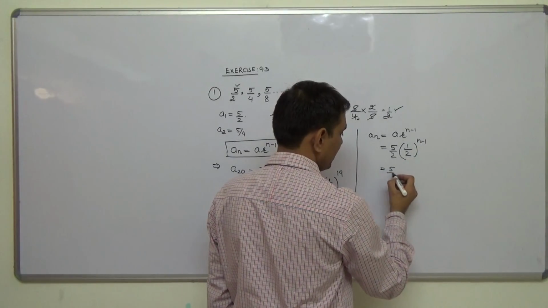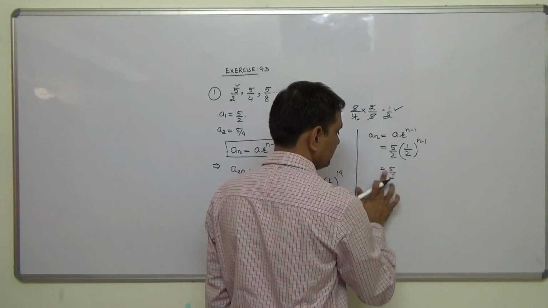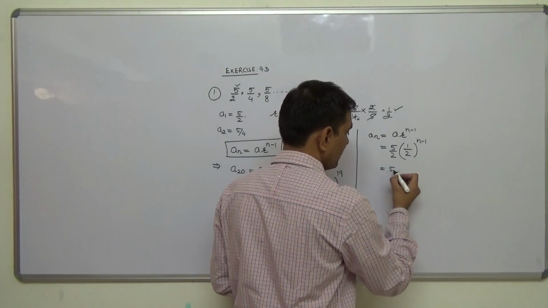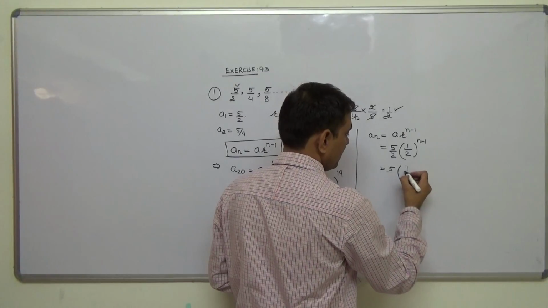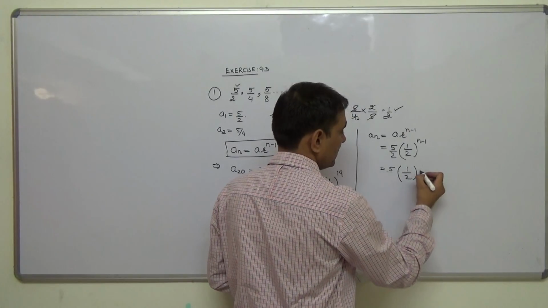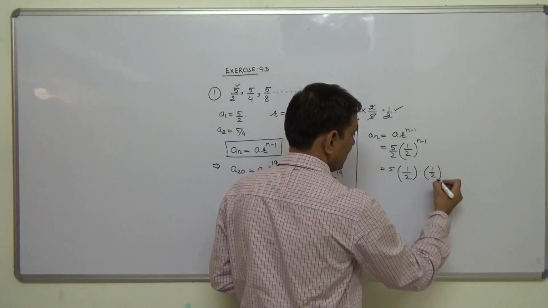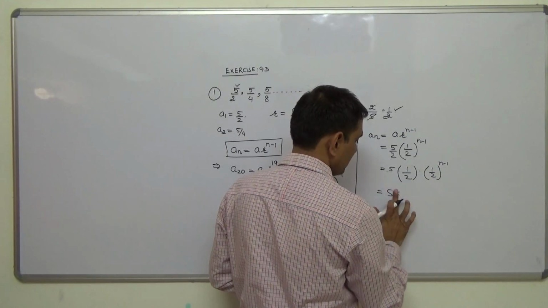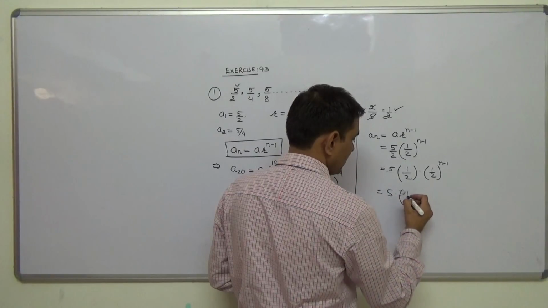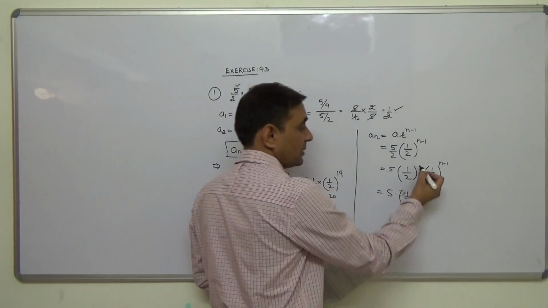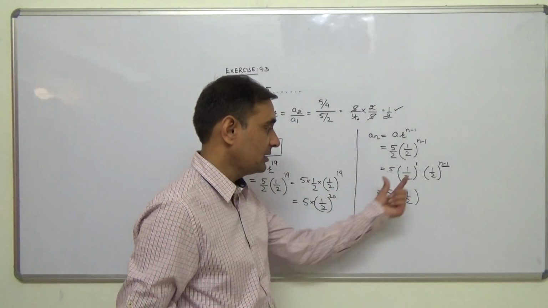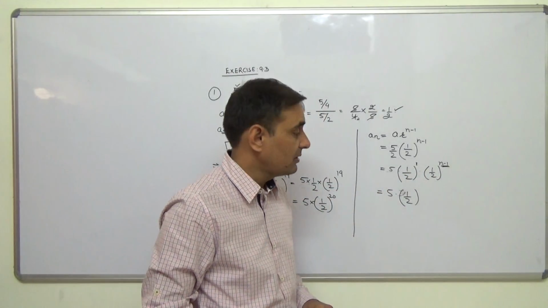This is equal to 5 upon 2, 5 into 1 by 2 into 1 by 2 to the power n minus 1. 5 into 1 by 2. Here the power is 1 and this power is n minus 1. 1 by 2 to the power 1 and into power n minus 1.